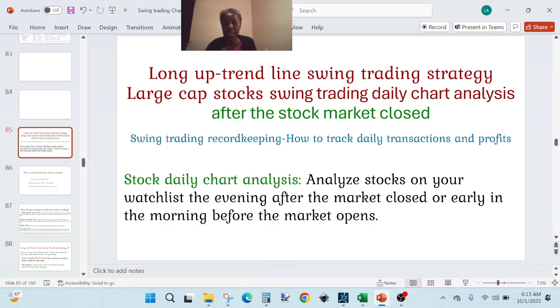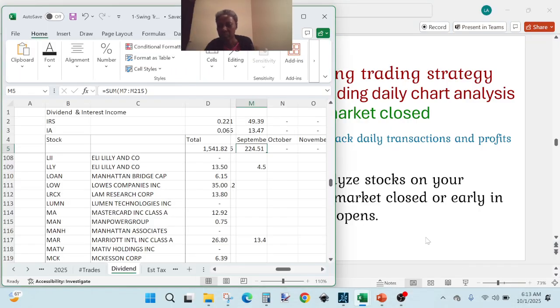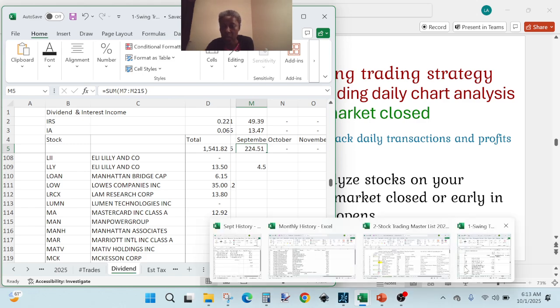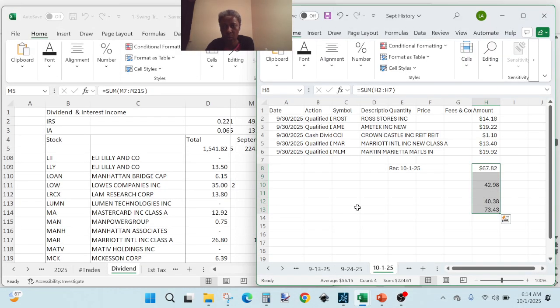You can do it daily if you're having a lot of transactions, but when you do not have a lot of transactions, you can decide to do it periodically, weekly, every few days, even for the whole month. You can do that as well in one sitting if you do not have a lot of transactions to go through.